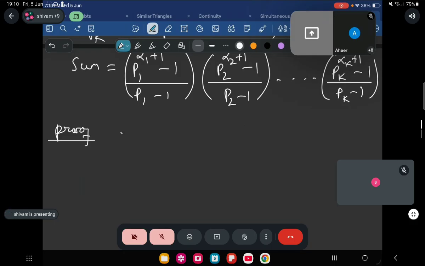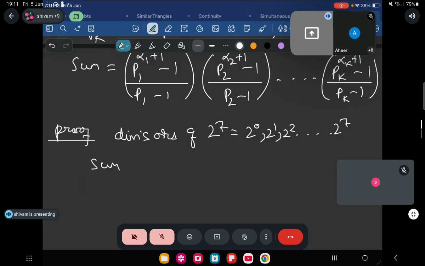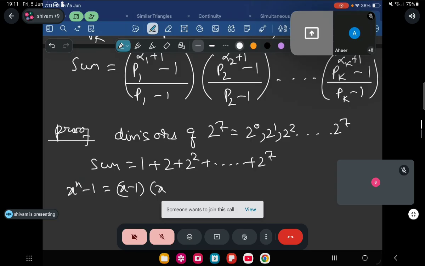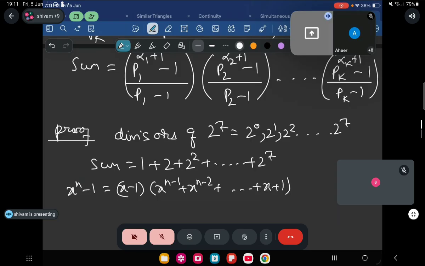Anyways, divisors of 2 to the power 7. What are the divisors of 2 to the power 7? 2 to the power 0, 2 to the power 1, 2 square, dot, up to 2 to the power 7, right? If I want to find the sum of all the divisors, the sum will be 1 plus 2 plus 2 square plus dot plus up to 2 to the power 7. Now do you remember x to the power n minus 1 is equal to x minus 1 into x to the power n minus 1 plus x to the power n minus 2 plus up to x plus 1?